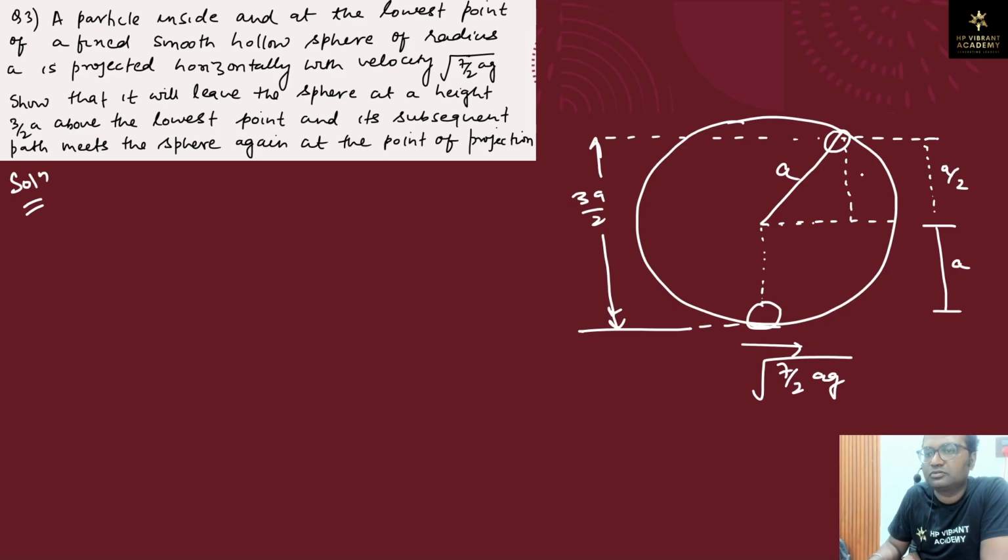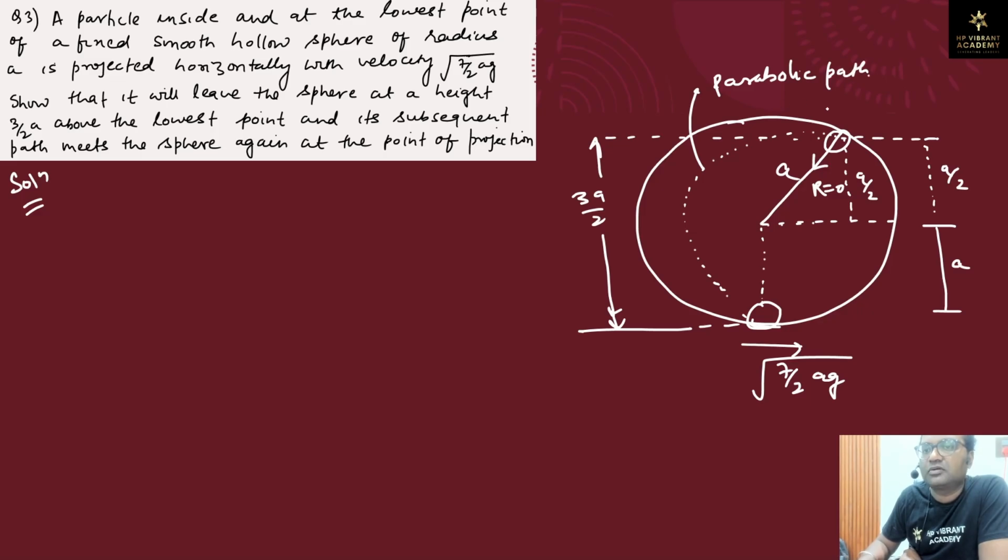What we have to show is that it will leave the sphere at the height 3a upon 2. So from here the reaction R becomes 0. This is given in the question. It will leave the sphere, which means it will follow a parabolic path and meet the lowest point. This is the parabolic path. And here R is equal to 0 because it will no longer continue in a circular fashion.